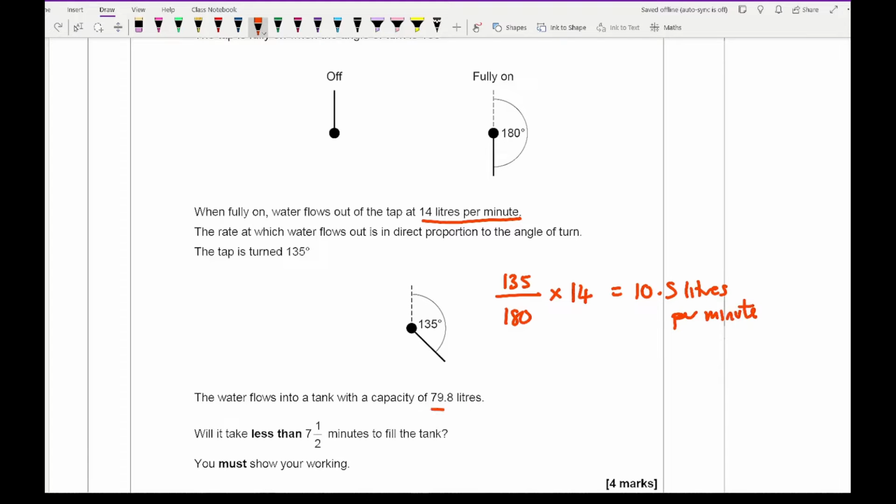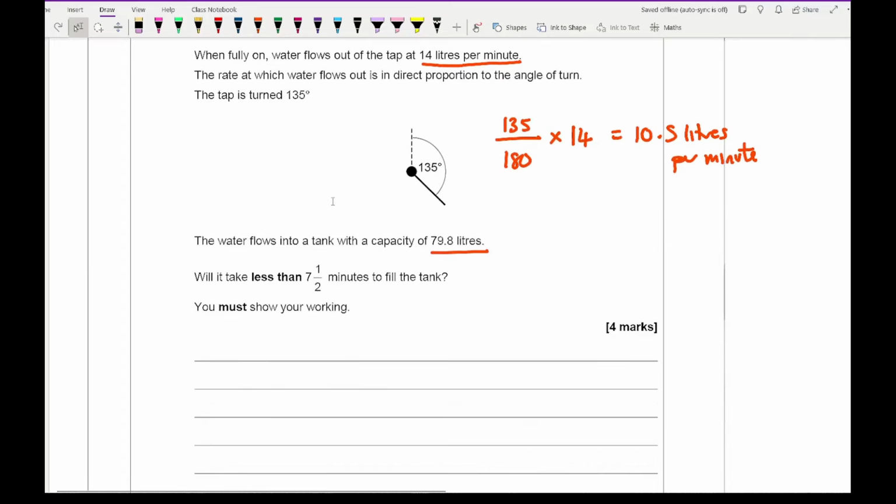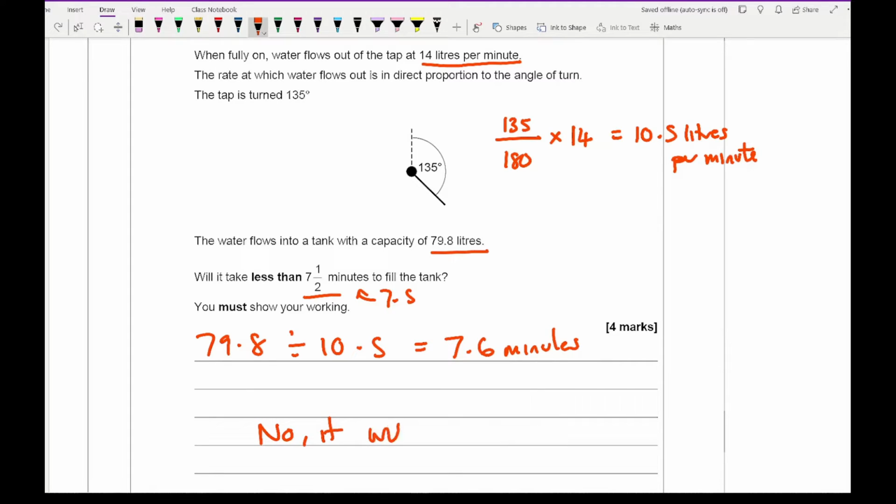So if there are 79.8 litres in the tank, it's going to take 79.8 divided by 10.5, which gives me an answer of 7.6 minutes. Now, since that is more than 7.5 minutes, the answer will be no, it will take longer.